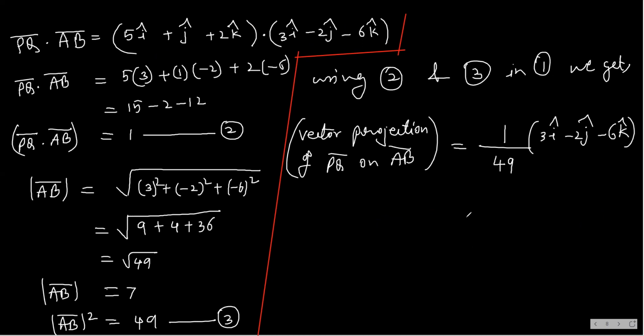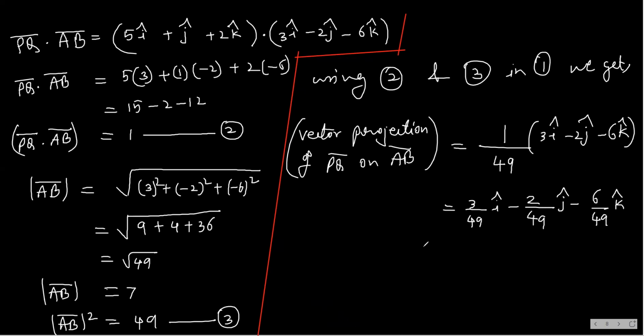This is the final answer we have. If you want, you can multiply this 49 inside. That is 3 upon 49 I cap minus 2 upon 49 J cap minus 6 upon 49 K cap. Either way you can write.